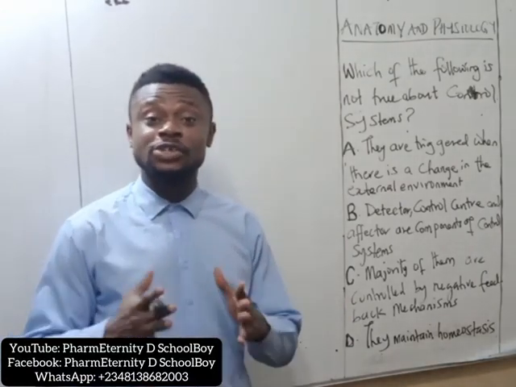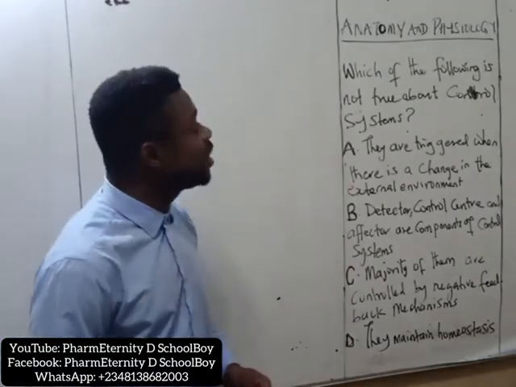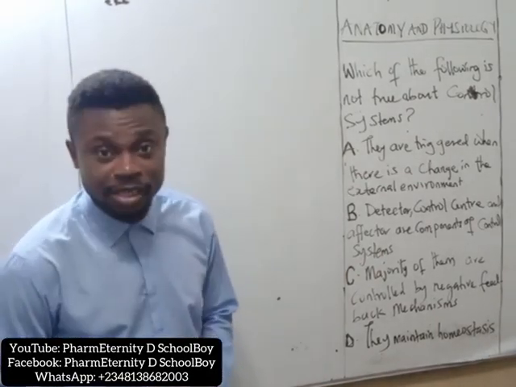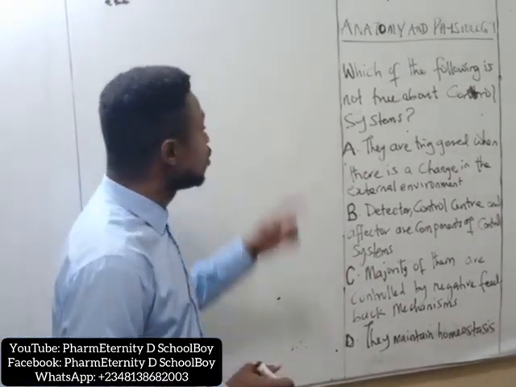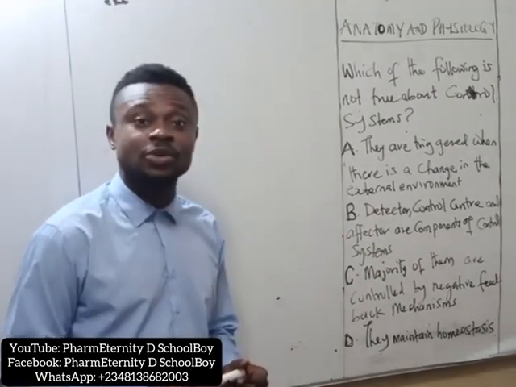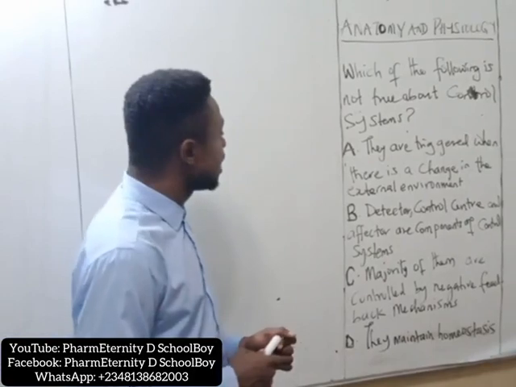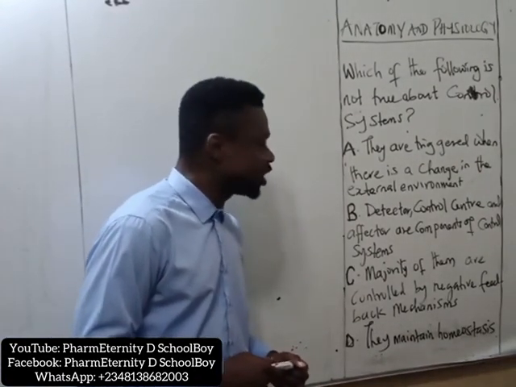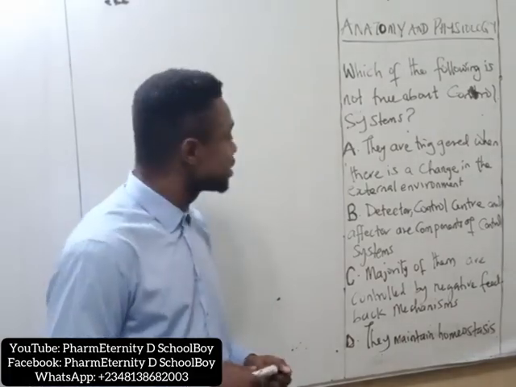Today we are going to take a look at anatomy and physiology, and we have a question on the board. The question says, which of the following is not true about control systems? A. They are triggered when there is a change in the external environment.